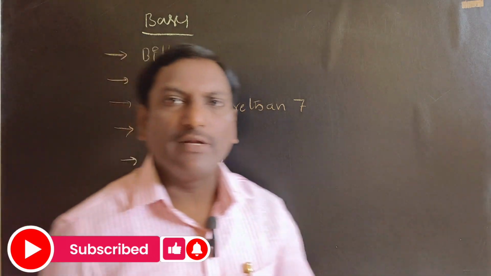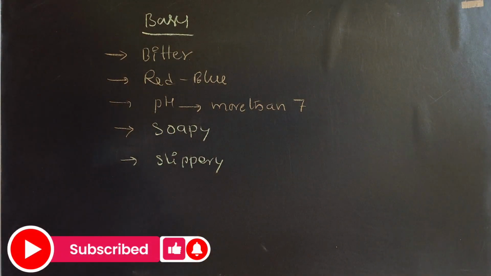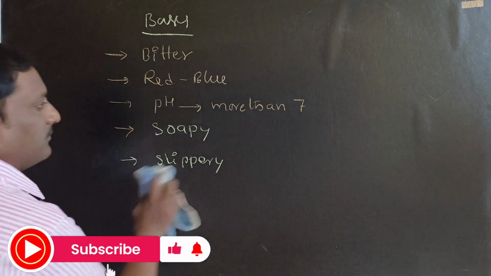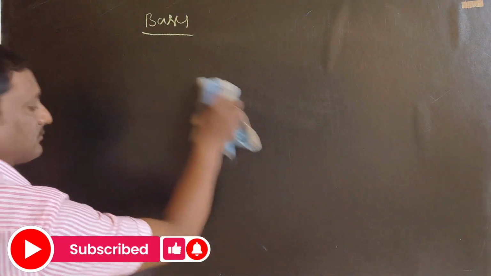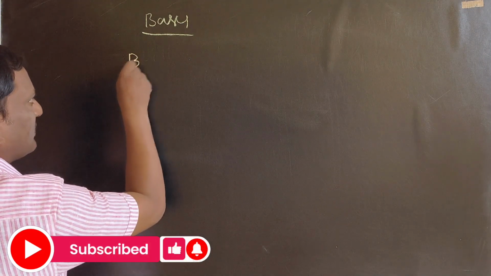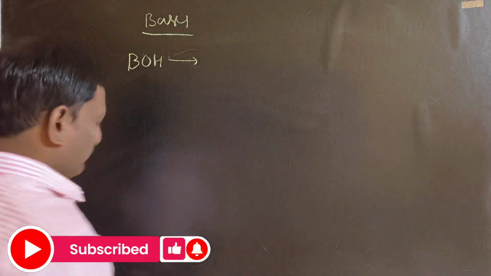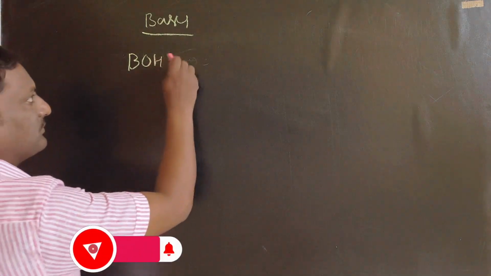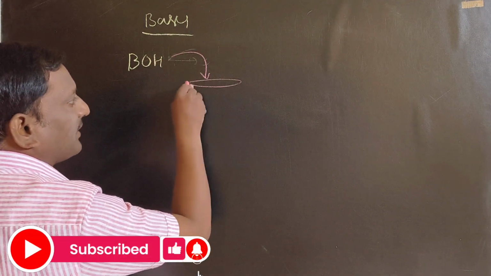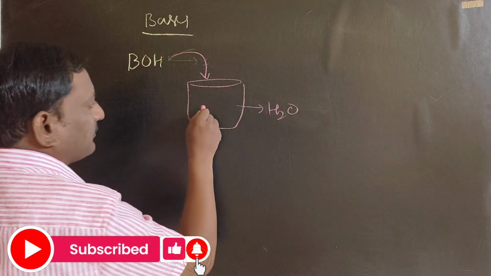So then what is the exact definition regarding bases? Let us look into that. Bases means those chemical substances which produce OH minus ion when they are dropped in water.